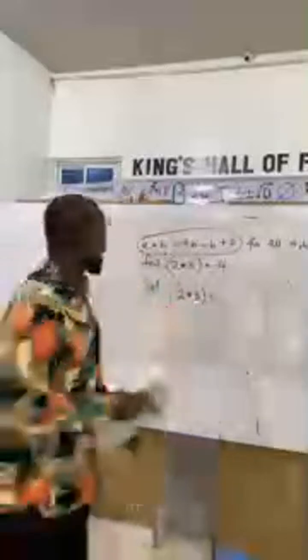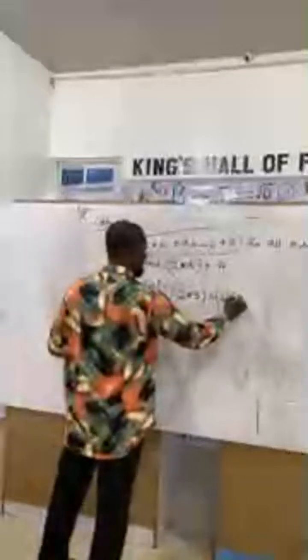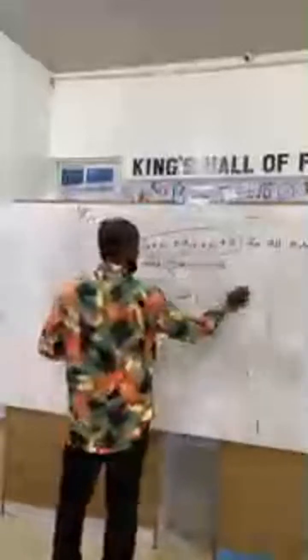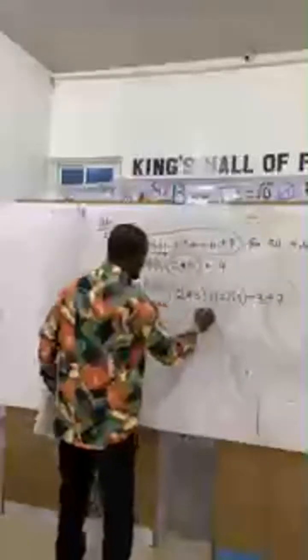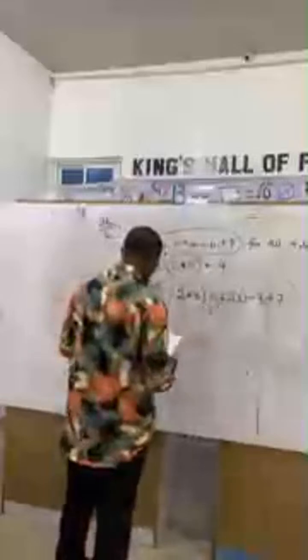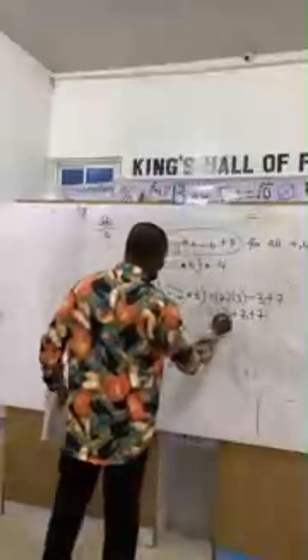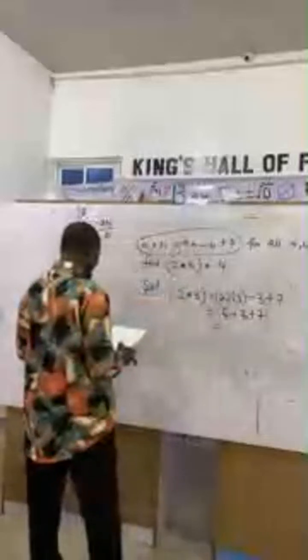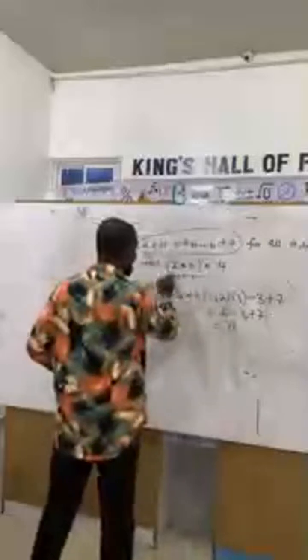So using this first bracket, A is 2 times 3, which is 6, then minus B, which is 3 plus 7. So 6 minus 3 plus 7. What is 6 minus 3? 3. 3 plus 7 is 10. We are finished with this place.